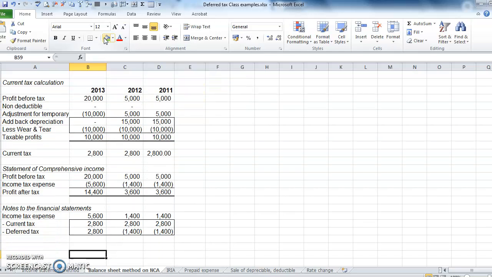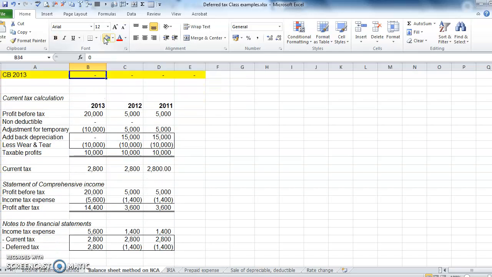Then on the statement of comprehensive income, we have our profit before tax: 20,000 for 2013, and 5,000 for each of 2011 and 2012. We have our tax expense, 1,400 for both 2011 and 2012, and then 5,600.